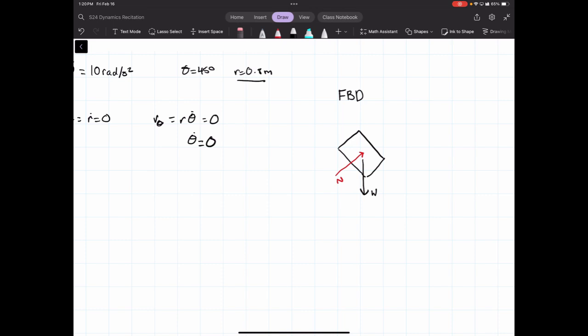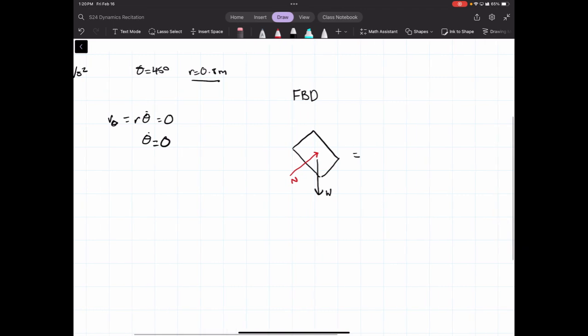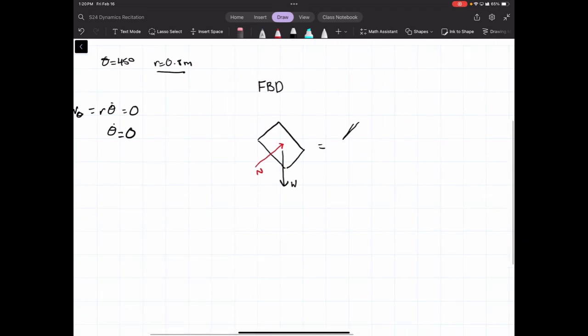And then when we put that into polar coordinates, and we think about the acceleration, we're going to have some acceleration this direction or angularly, and then some in the radial direction.